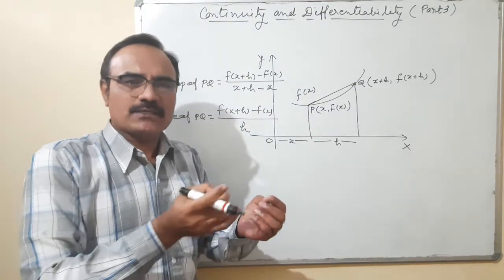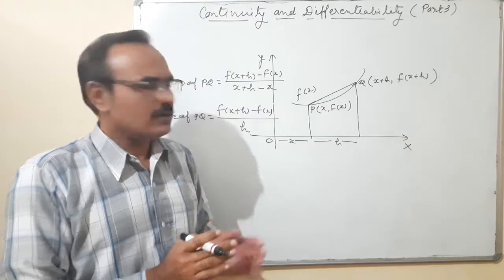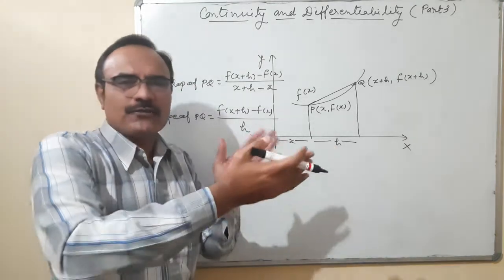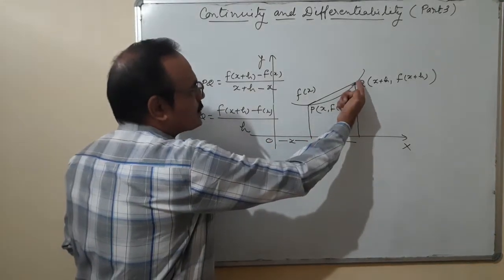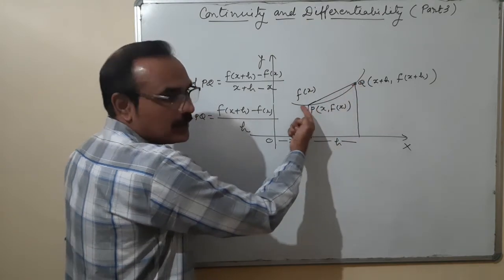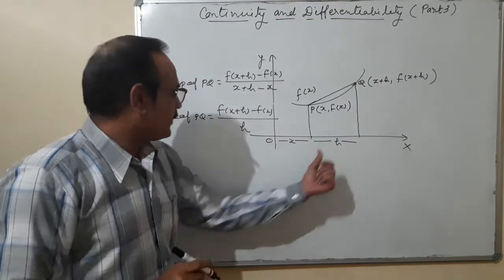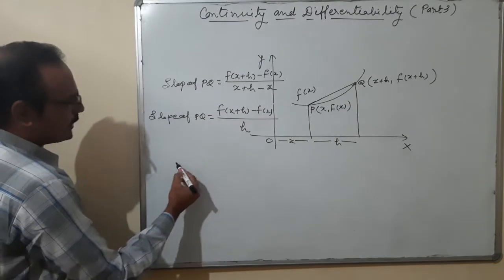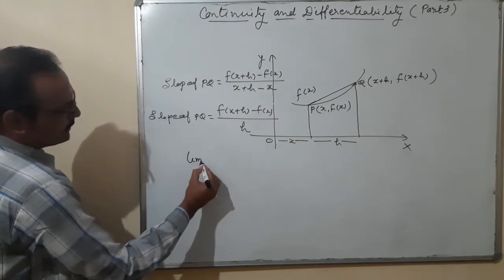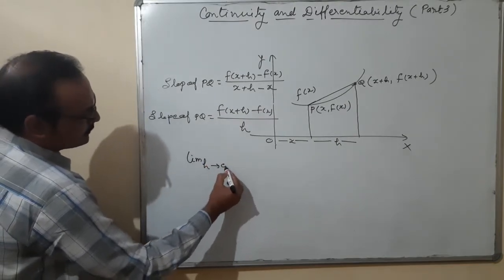Now let us consider the value of h is very small, about to 0. It is not exactly 0, but very close. That means this point Q is approaching point P. So if I put the limit here, limit h tends to 0, what does it mean?